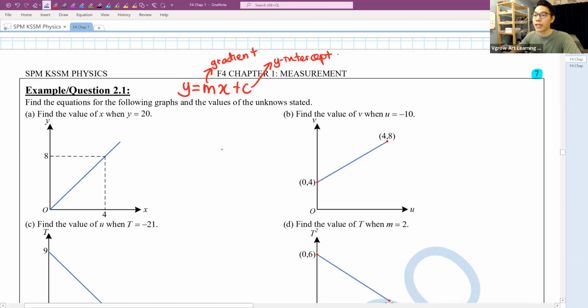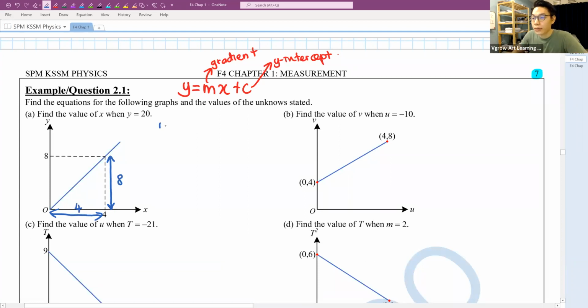So gradient is what? Gradient is the y value over the x value. I know in maths you do y2 minus y1 over x2 minus x1, this formula. But usually I like to just look at the height, which is 8, the y value, over the length here, the x value.